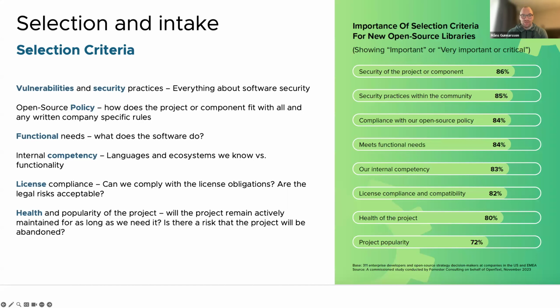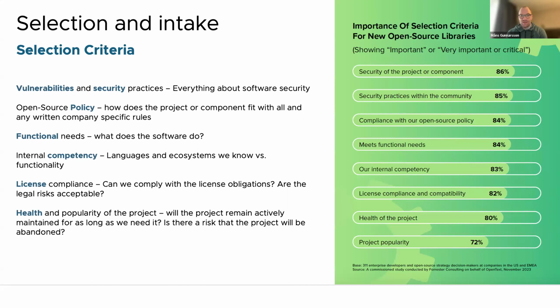If we start with the top two, grouping those together, they cover everything related to handling known vulnerabilities, exploits, and other types of issues, as well as security practices in the project or community itself. A security practice could be process-related, like code reviewing or specific tooling being used, or based on metrics, such as how long security issues remain before fixes are merged to the project.